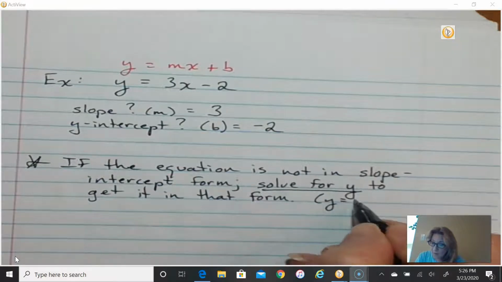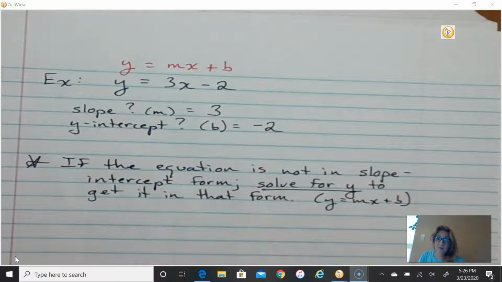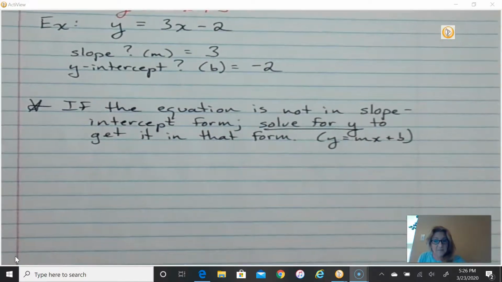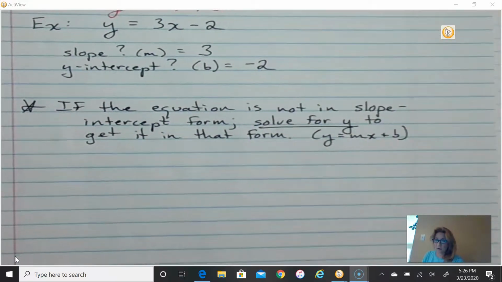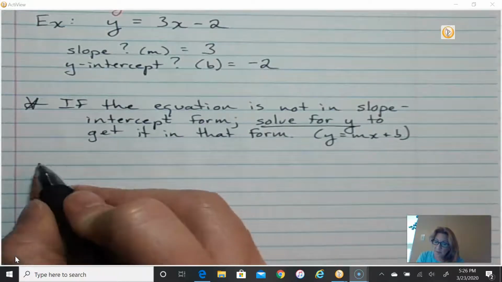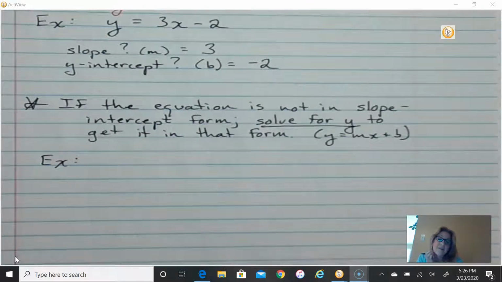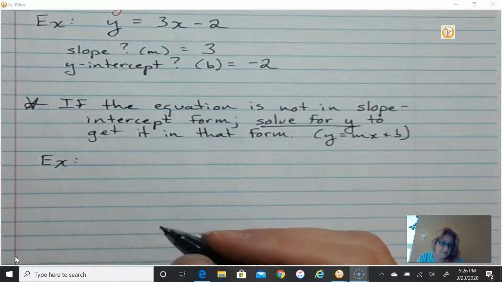Remember, y equals mx plus b. Notice I'm writing this over and over again, because you've got to have it drilled into your head. So for example, again, I'm going fast because I have a time limit, so if you need to pause, go ahead.